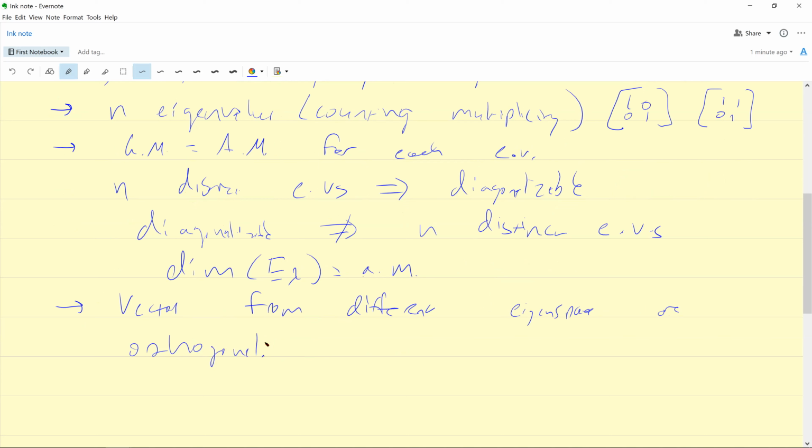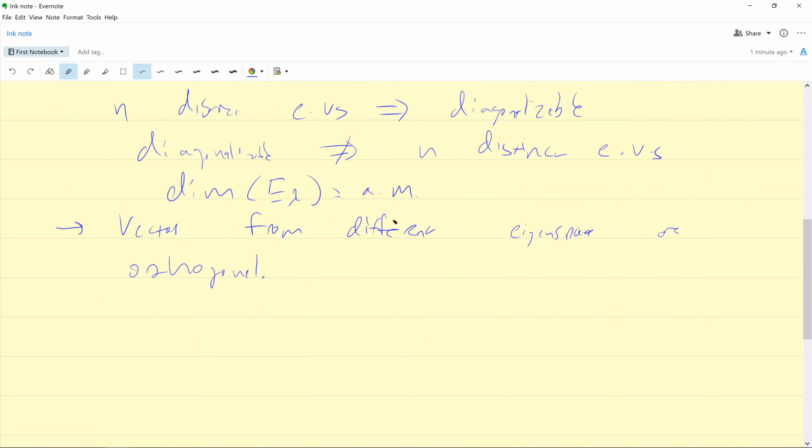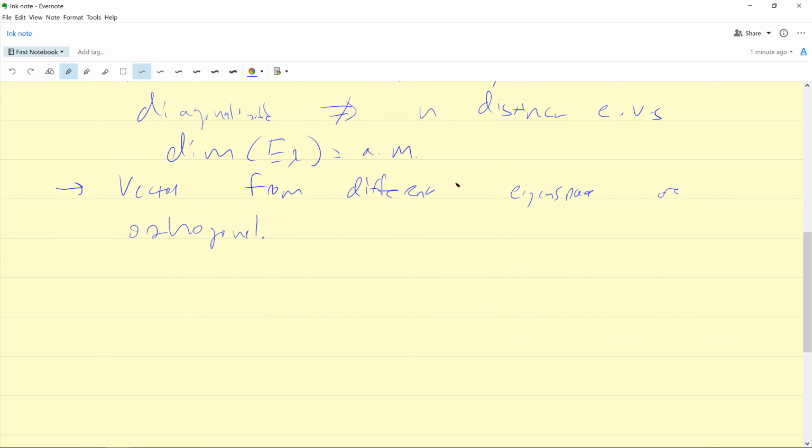Remember in the non-symmetric case, we have eigenvectors from different eigenspaces that are linearly independent, but orthogonality is a much stronger condition than linear independence, right?